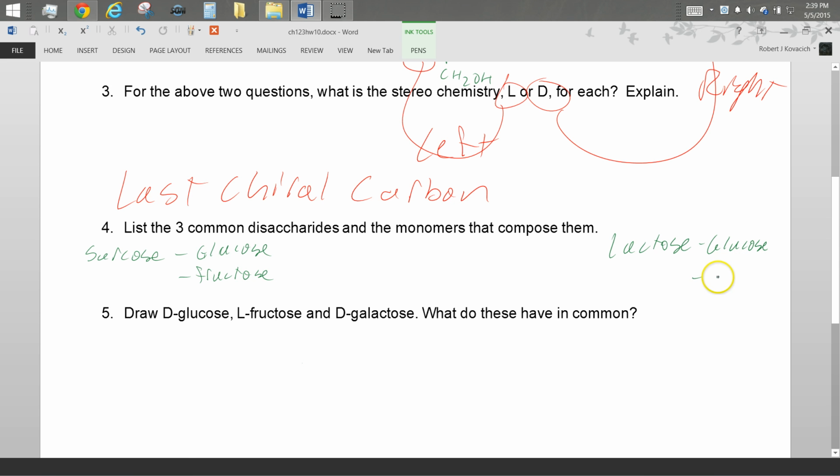Glucose and what? The maltose is the second most common just because we make so much grain in this country. And really it's just a grain that's been knocked down to two glucose molecules.